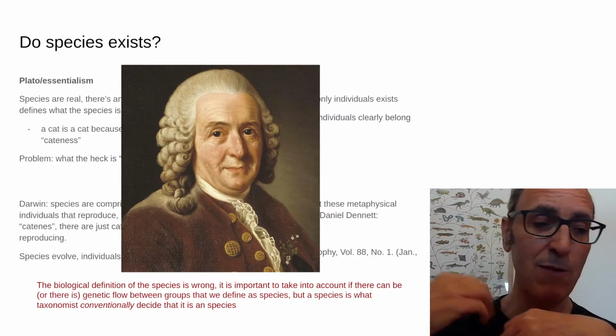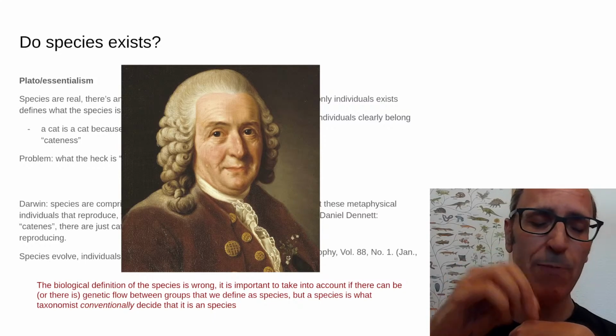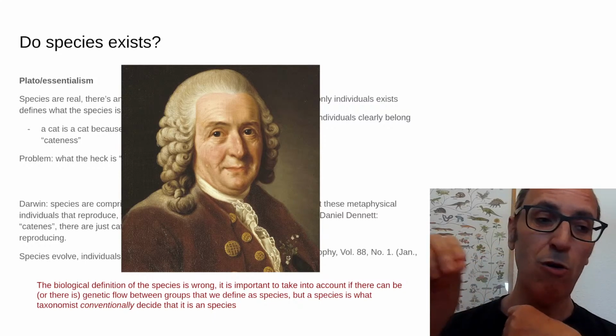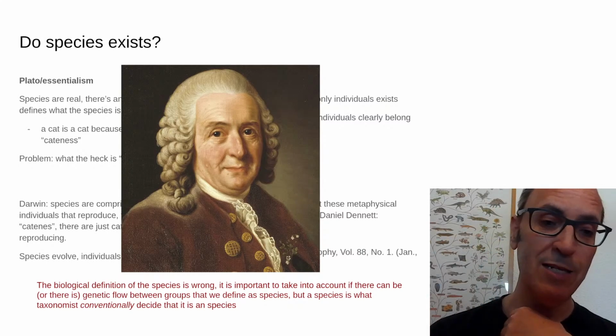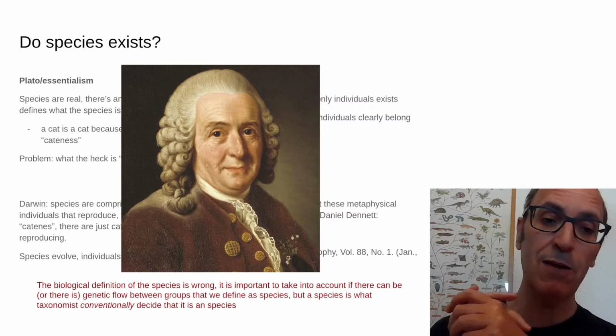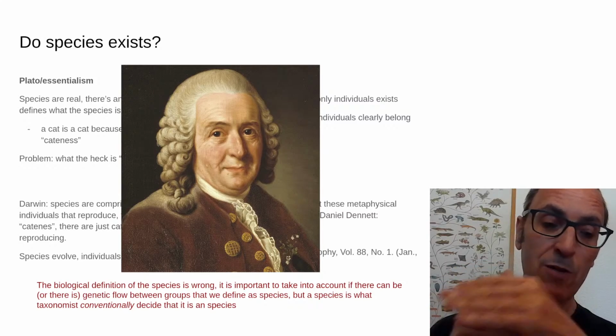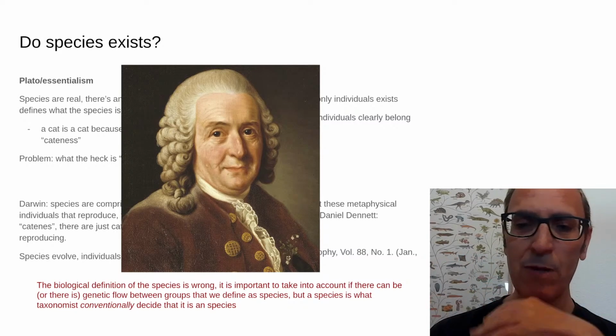Even with humans, we used to be Homo sapiens sapiens, a subspecies of Homo sapiens that had another subspecies, Homo sapiens neanderthalensis, and we are now a species. Why? Because taxonomists have considered that we are two species. Why? Because of morphological reasons, because of geography, because of lots of reasons.